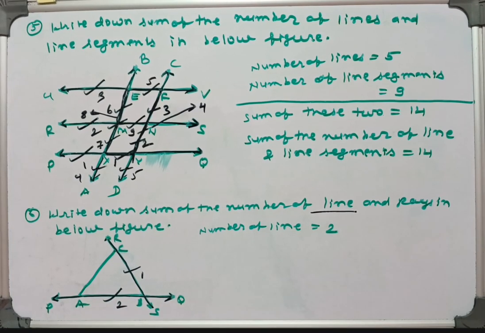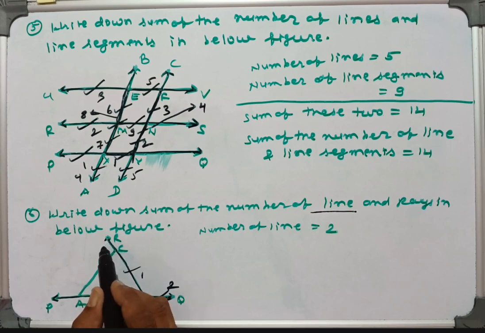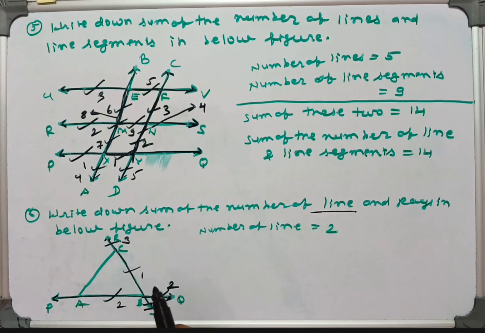What about the rays? See, here we count rays one by one. First one is BS, number one. BQ, second number, then CR is the third one, AP is the fourth one, and now what we left here, is the answer 4 or is it different?